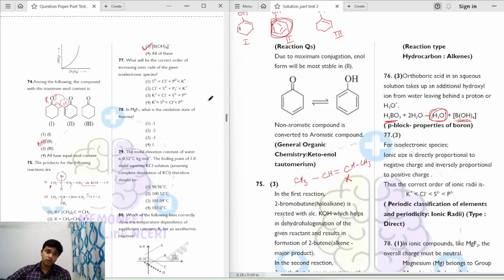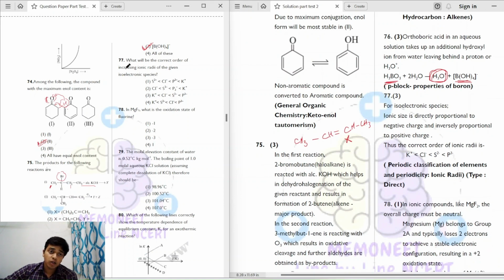Moving on to the next question, the question says, what will be the correct order of increasing ionic radii for the given isoelectronic species? We have been given the isoelectronic species S2 minus ion, Cl minus, P3 minus and K plus. For isoelectronic species, the ionic size is directly proportional to the negative charge. So the more the negative charge, the more the radius.